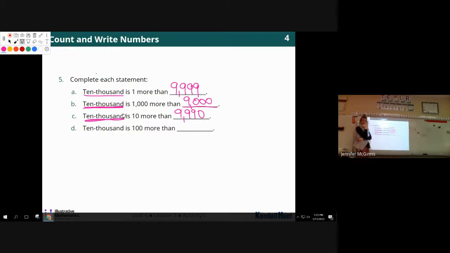We need a calculator. 10,000 is 100 more than, well, 9,900. If we add 100 here, because it says 100 more than, it would equal 10,000. Very good.